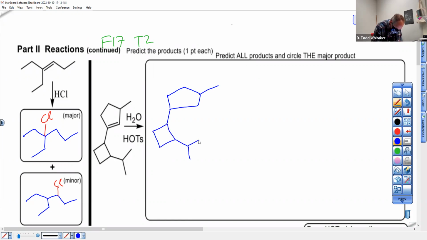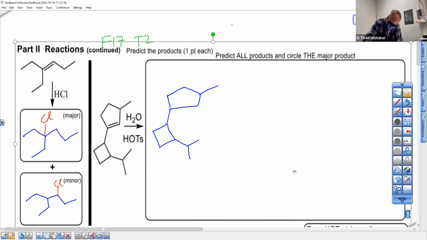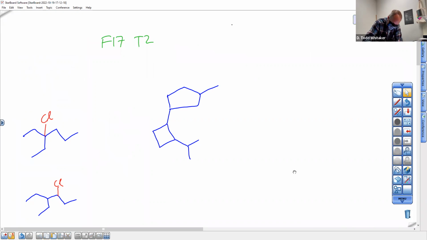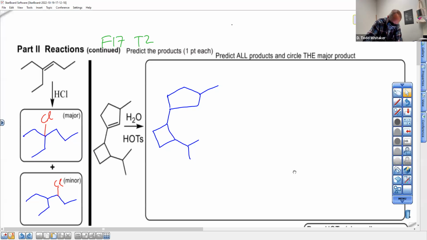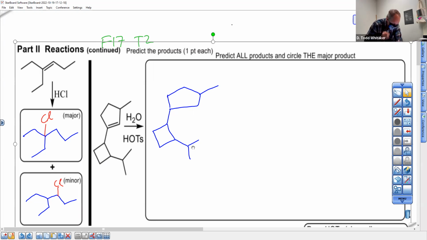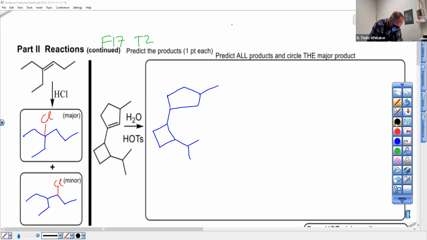Isopropyl, and oh man, I'm gonna pull a fast one. It's a dangerous fast one. No, it's a terrible fast one. I'm gonna draw this thing twice, but it won't let me grab it. It's okay, I'll be like a student and draw it twice. Okay, OH here for one.